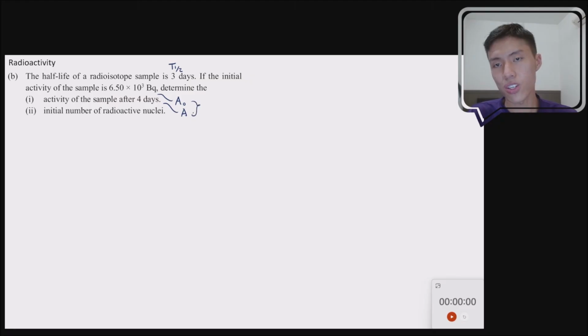You know that the equation here will be A equals A0 e to the negative lambda t. This relates the initial activity and the activity after some time. The initial number of radioactive nuclei is N0. You can refer to the equation map for this chapter as well. A equals lambda N. On the left hand side, you have A equals A0 e to the negative lambda t, showing how activity changes with time.